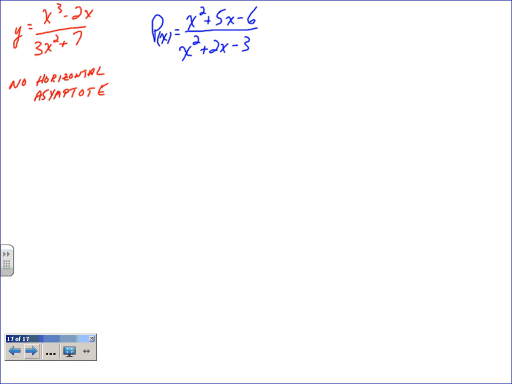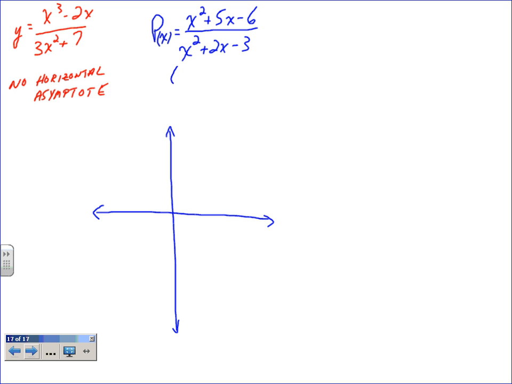The directions will say, list all vertical and horizontal asymptotes and any holes in the graph. Holes in the graph. We haven't had that yet. All right, let's check that out. And we're going to sketch the graph.